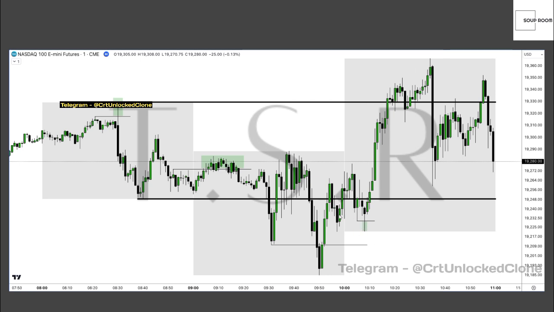The power of 3 here: consolidation, manipulation, expansion. Your goal is to catch the entry right here that taps into a PD array, rejecting a low, breaking through highs. Very, very important.